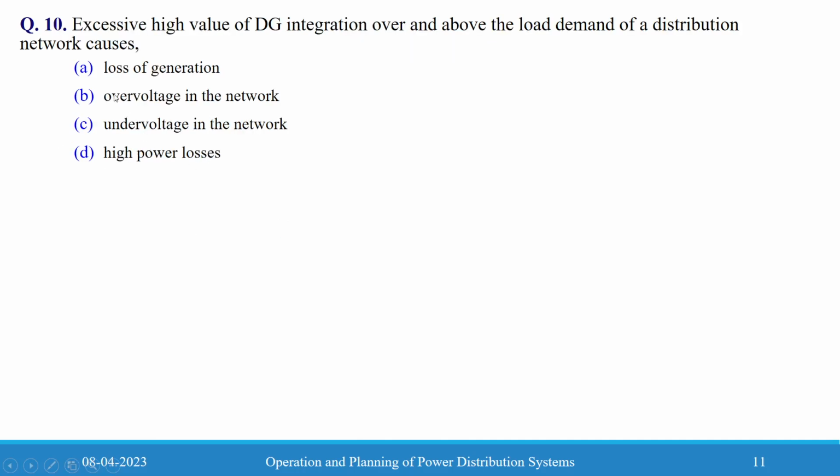The next problem is that excessive high value of DG integration over and above the load demand of a distribution network causes: A option is loss of generation, B option is over voltage in the network, C option is under voltage in the network, D option is high power losses. And again, this is a multiple select question. More than one choice can be correct.